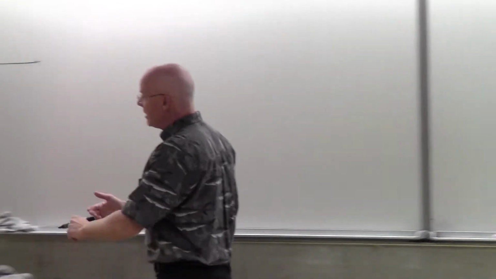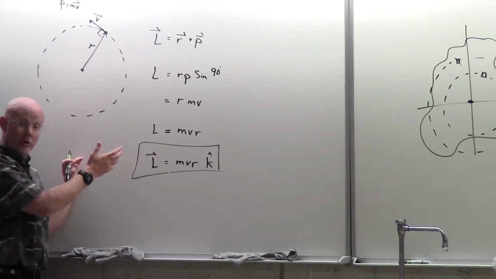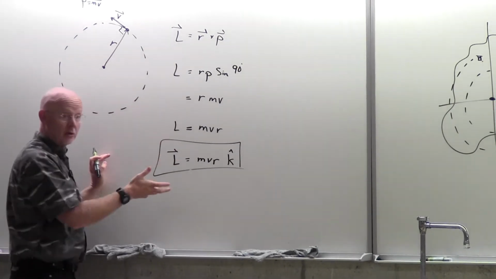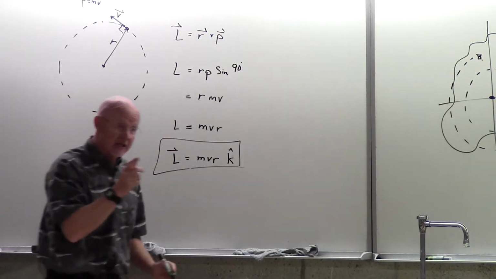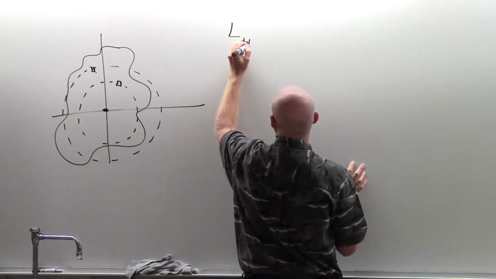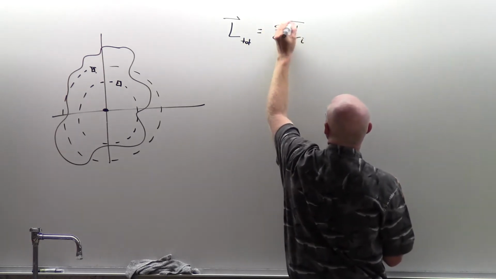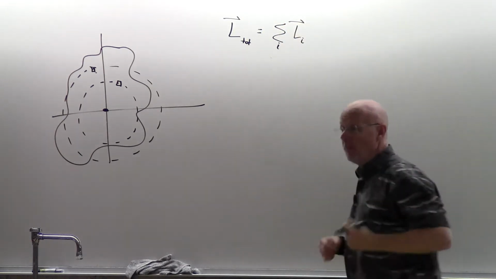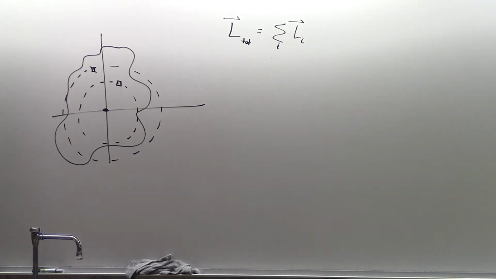And so now you can see why I was going through and talking about the angular momentum of something moving in a circle. That was the easiest one to understand first. But if I were to ask then, what is the total angular momentum of this object? We're back to doing the same kind of pieces of information that we did back in chapter 10.